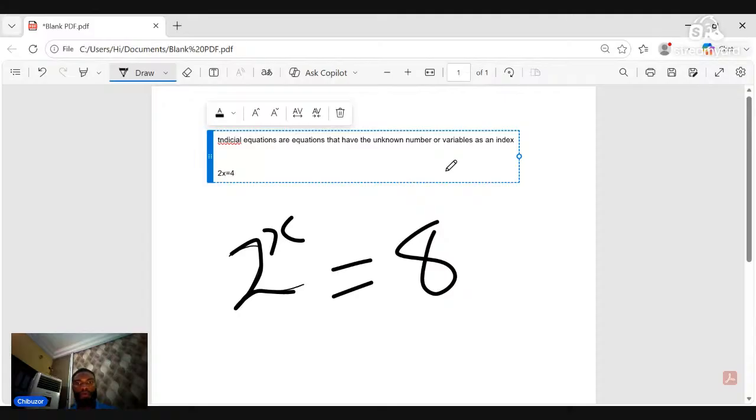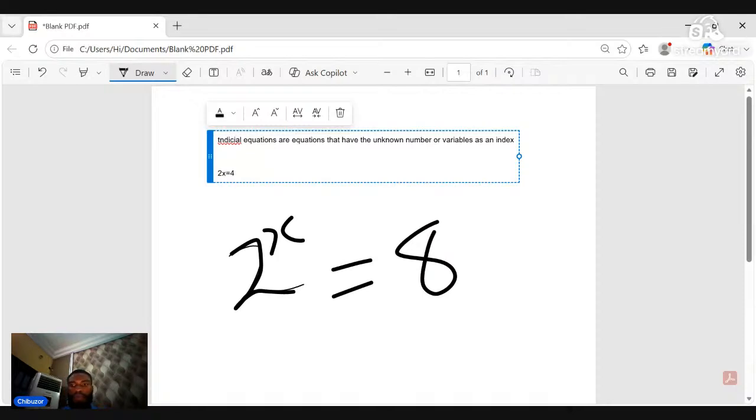So before we go on with index equations, I hope you all have a background on indices, because indices will give you the basics to follow up with index equations.